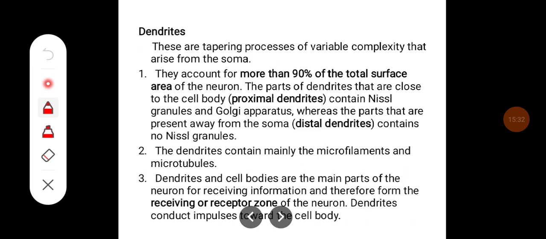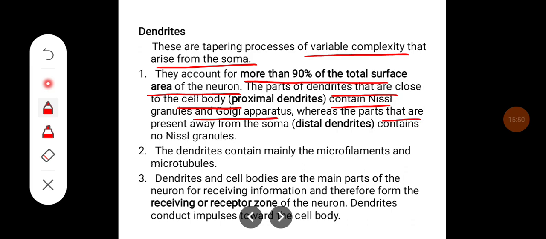The dendrites are the tapering processes of variable complexity that arise from the soma. They account for more than 90% of the total surface area of neuron. The parts of the dendrites that are close to the cell body contain Nissl granules and Golgi apparatus, whereas the parts that are away from the soma contain no Nissl's granules.